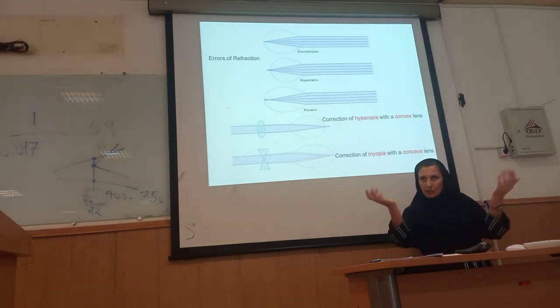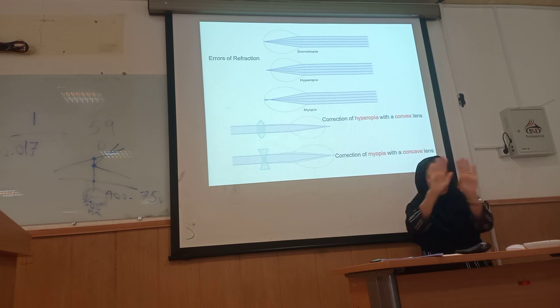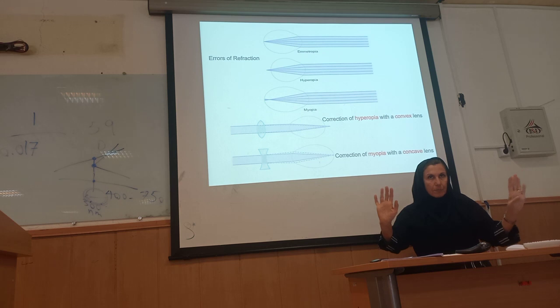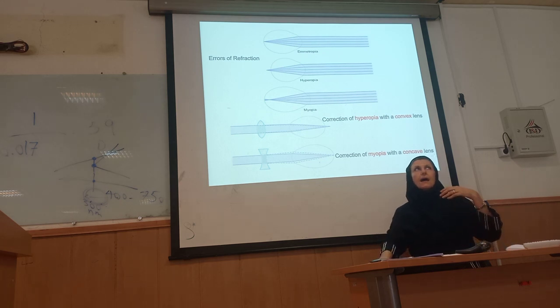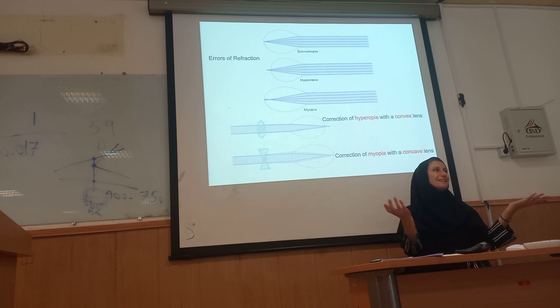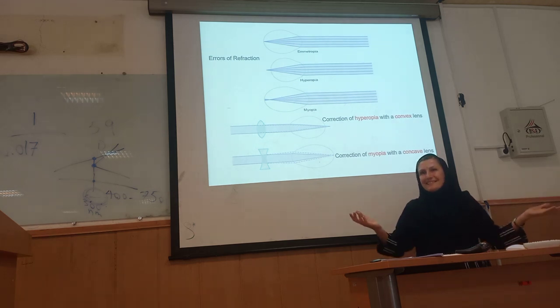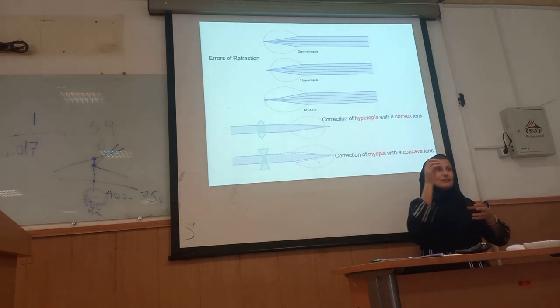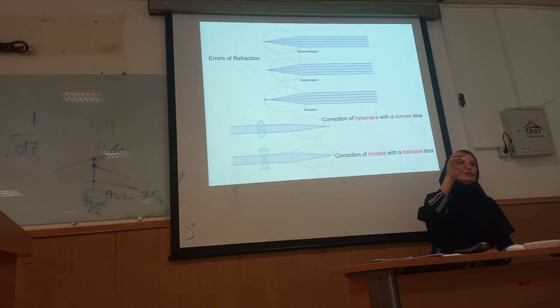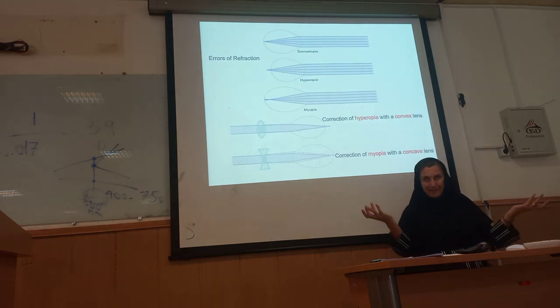Okay, no, nothing happened in your lens. Your lens is correct, without any problem, but the simplest way to correct it is to use glasses, an external lens, instead of, for example, surgery on your eyeball, or injecting some gel into your eyeball wall.